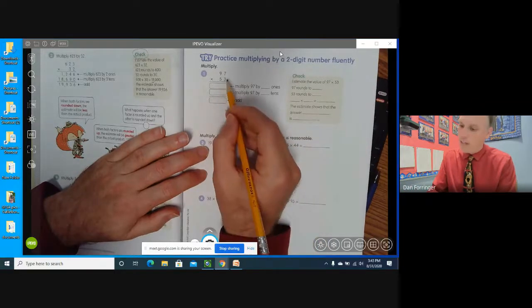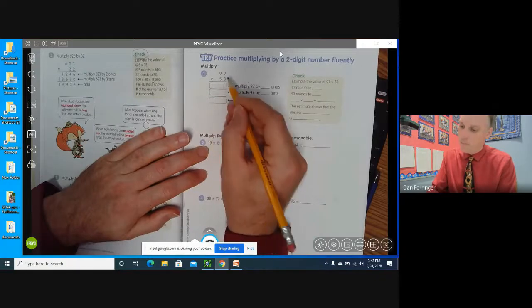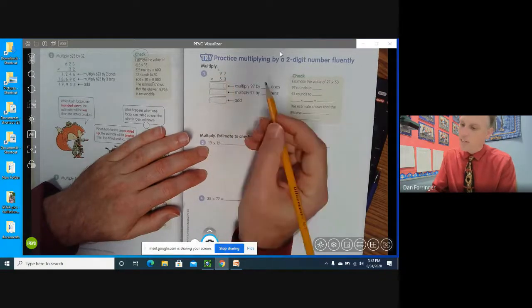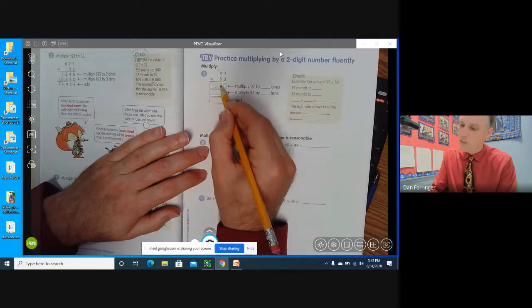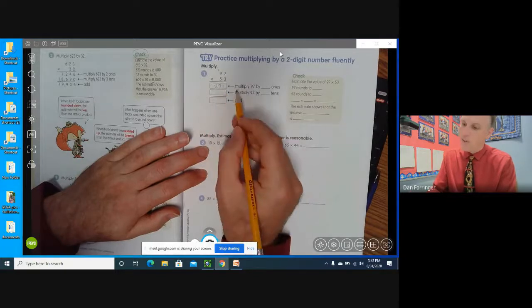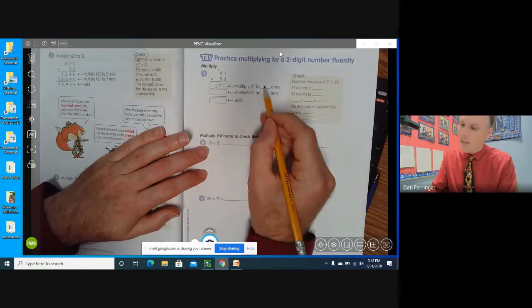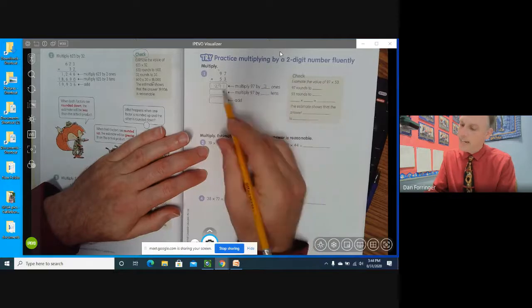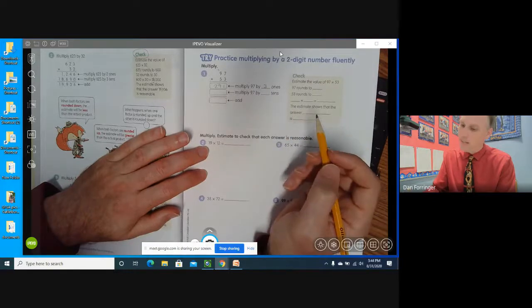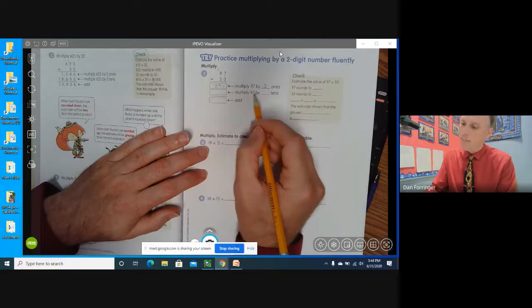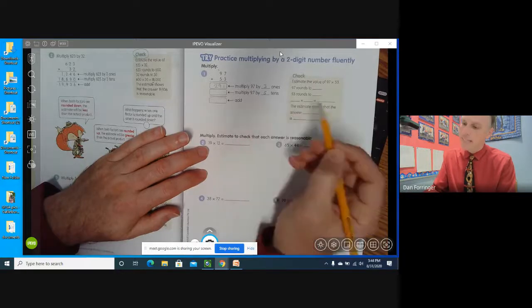So 3 times 7 is 21. 3 times 9 is 27, plus 2 is 29. So I multiplied 97 by 3 ones, and I got 291. I then am multiplying 97 times 5 tens.